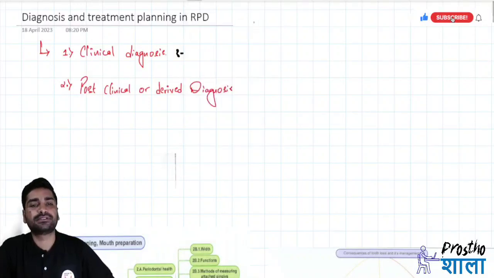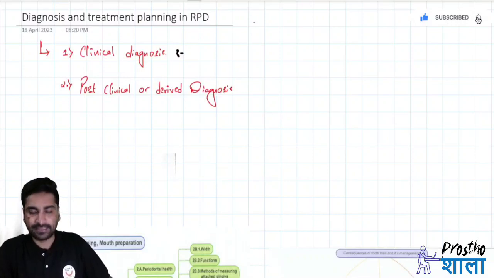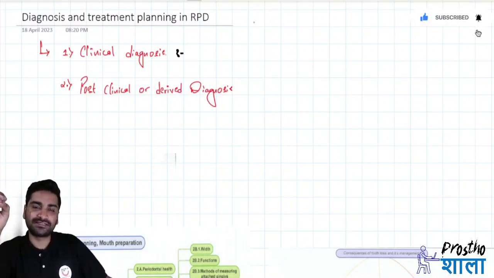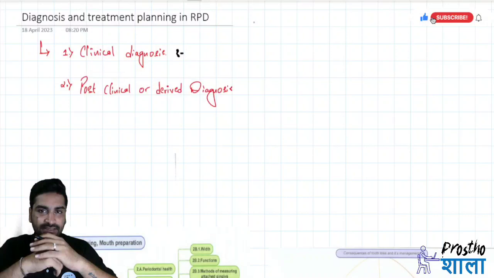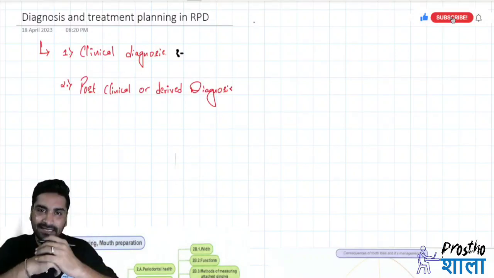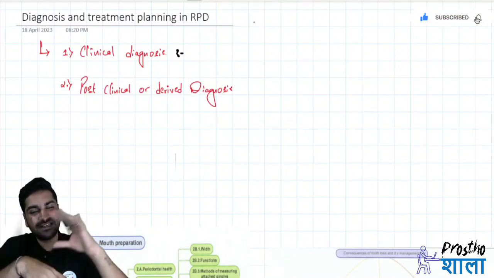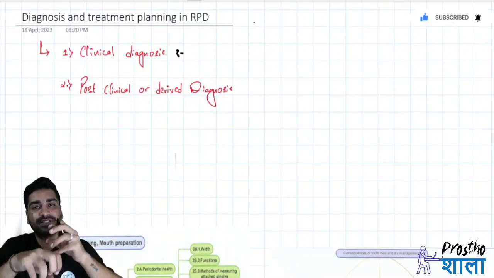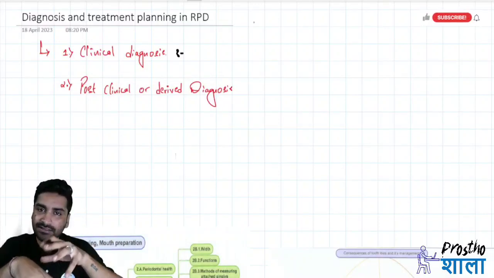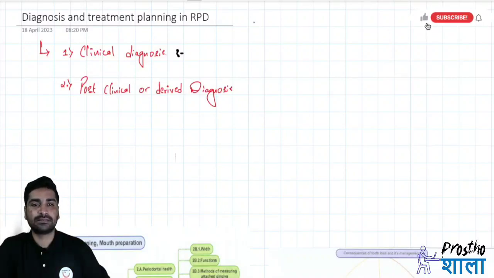First, clinical diagnosis is the normal patient evaluation, about his personality, the clinical factors, the radiological factors, which we have already discussed in complete dentures in section 2 when we talked about case history and treatment planning. So we will not be discussing all the factors again, but what is important and especially pertaining to removable partial dentures we will discuss in this chapter.